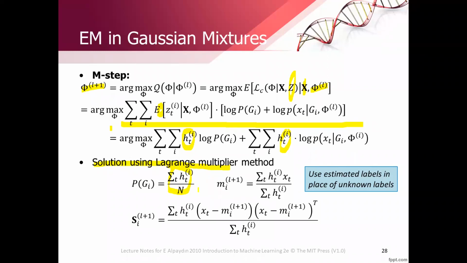Of course, we don't have any guarantee that the sum of HTI is an integer. There is no guarantee for that. And then by weighting the observations using the HT, we can compute the means, fuzzy means.